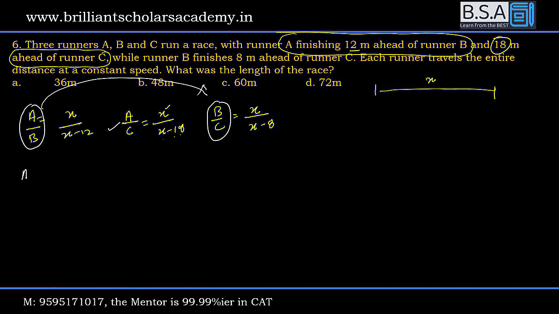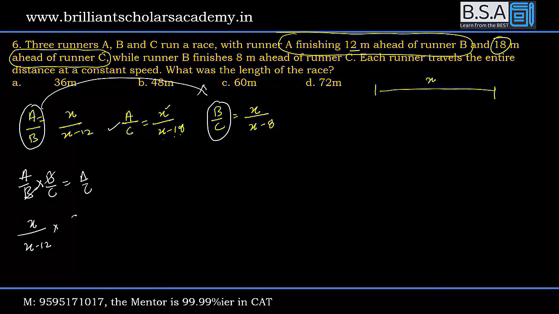Yes. देखो आप, A upon B into B upon C is nothing but A upon C. So multiply first and the last, X upon X minus 12 into X upon X minus 8 should be equal to the middle value, X upon X minus 18.